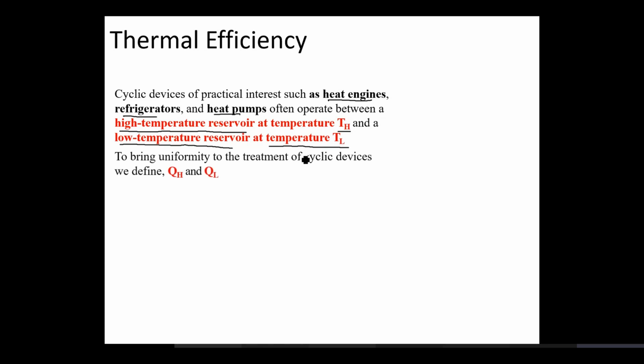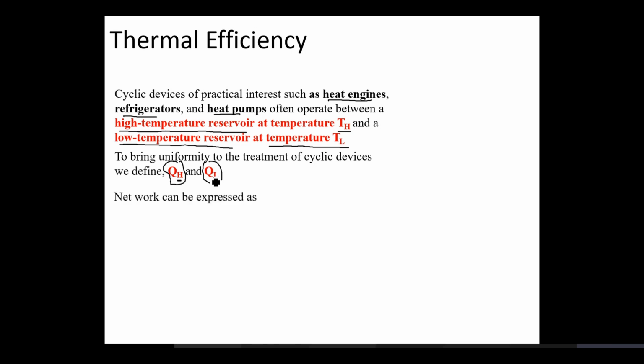Now instead of writing Q in or Q out for cyclic devices, you represent the heat coming from the high temperature source as Q_H, and the heat going to the low temperature sink as Q_L, which represents the heat associated with the low temperature reservoir.